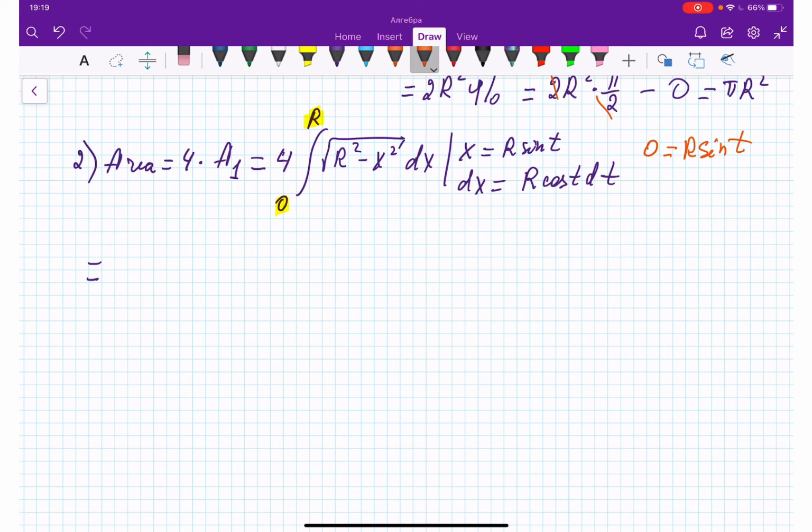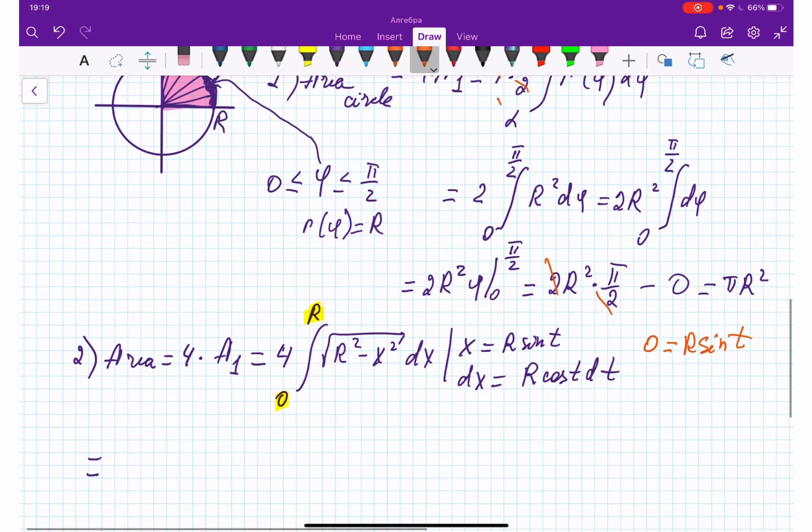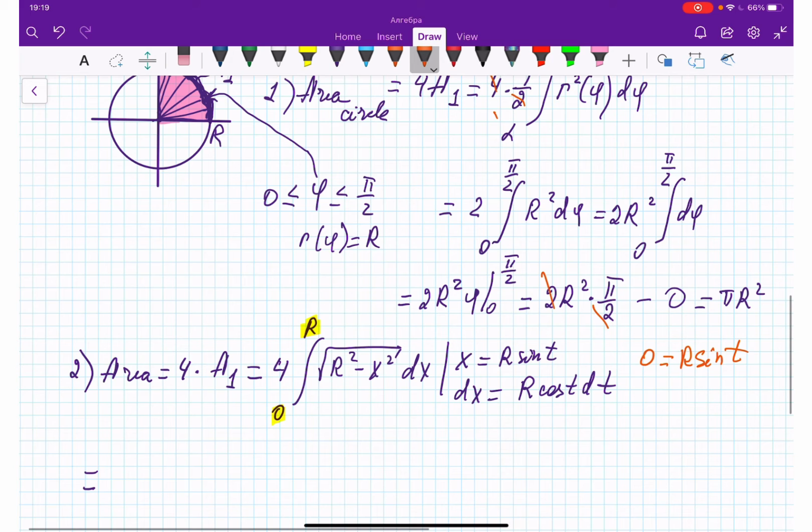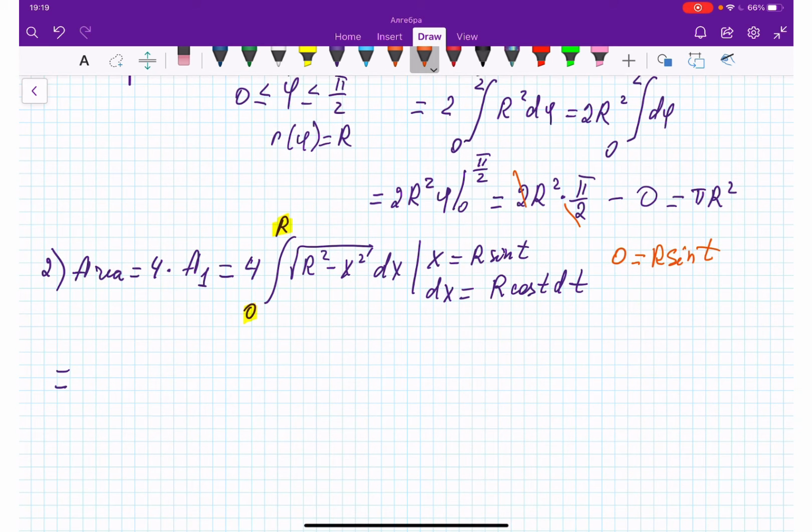So at what value of t do we get 0? When sine t is 0 degrees, right? So t1, which we are going to replace with t1, is going to be equal to 0, right?